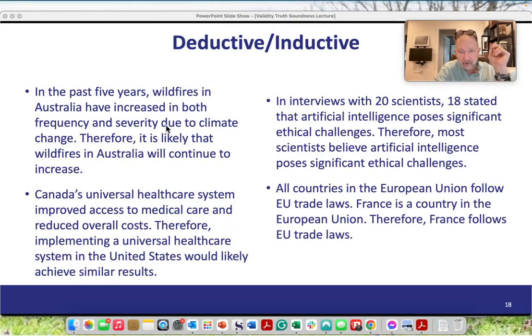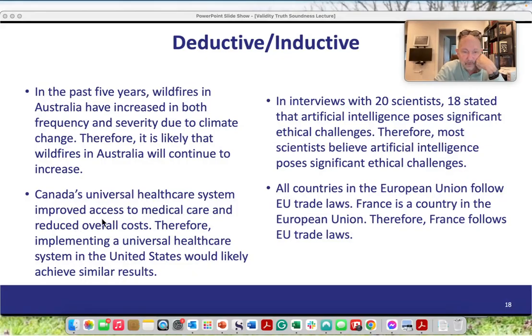Remember, I told you that there are little hack words that, if you see these words, tell you that it's inductive. Deductive arguments do not use words like likely. They're making factual statements. So all you have to determine about this is if it is a strong argument. And the person is saying it's likely, so it probably is a strong argument.